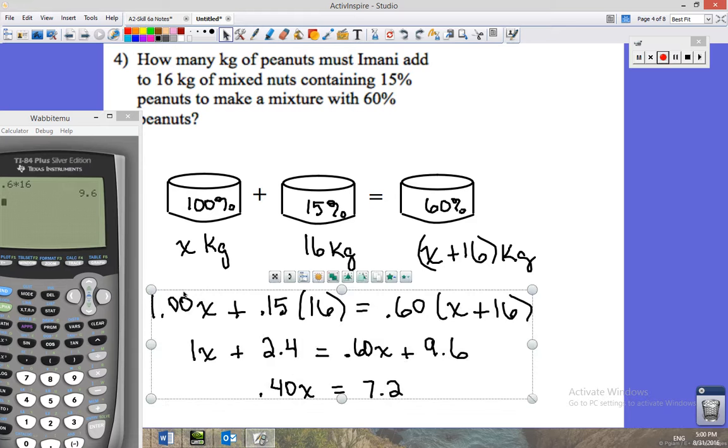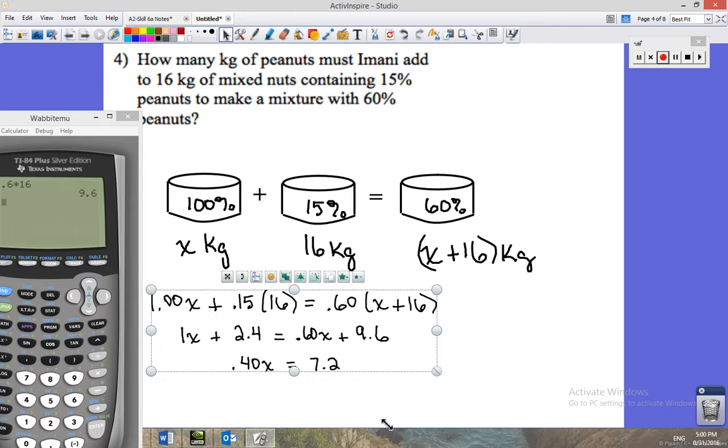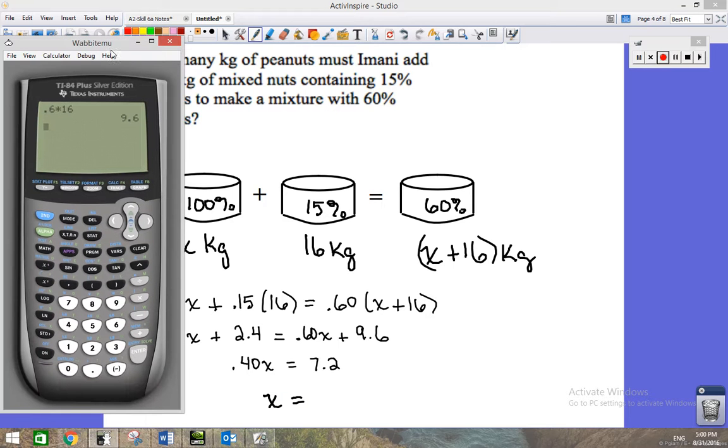Let's divide each side by 0.4, and I do not know what that is, so I will go to the calculator. I've got 7.2 divided by 0.4, 18.